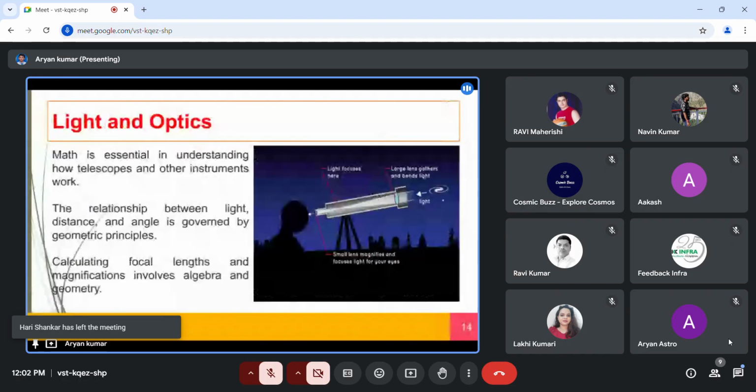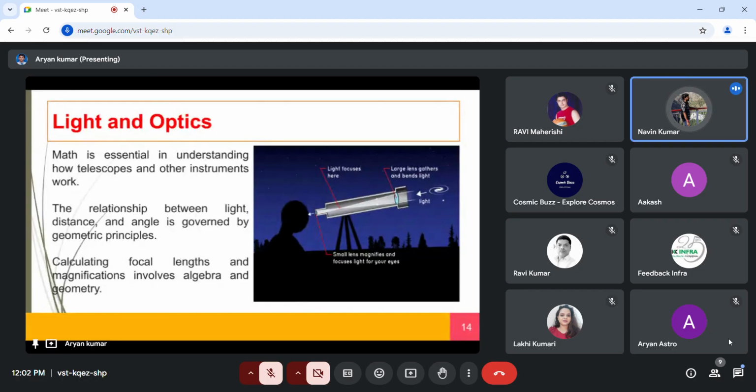So now moving to light and optics. Aryan, hello Aryan. Maybe Aryan has left. Actually, there are network issues from some location.